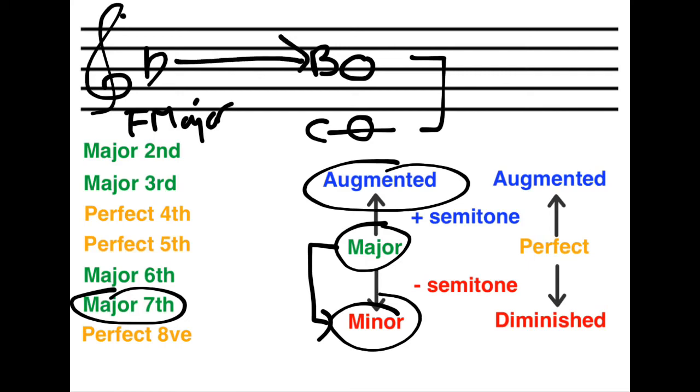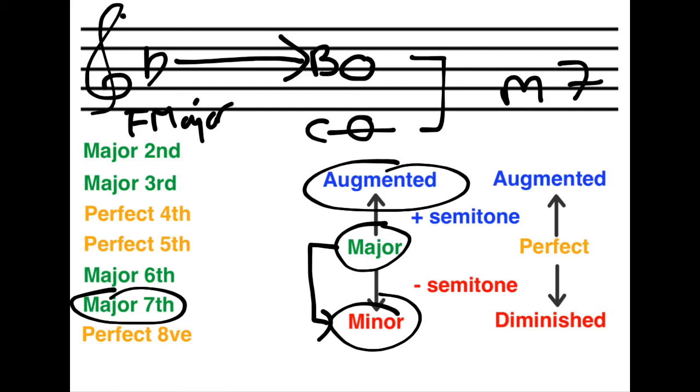It makes that a B flat. So you're working out, does the top note belong to the bottom note's major scale? In other words, does that B flat belong to C major? No, it doesn't. C major doesn't have a B flat in it. So you've taken what would have been a major seventh and you've made it lower. So you've made it a minor seventh.